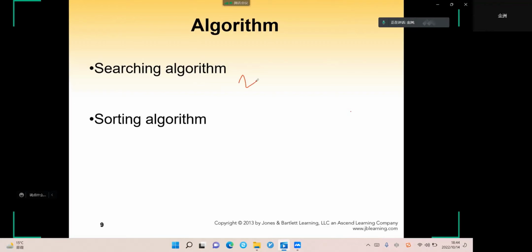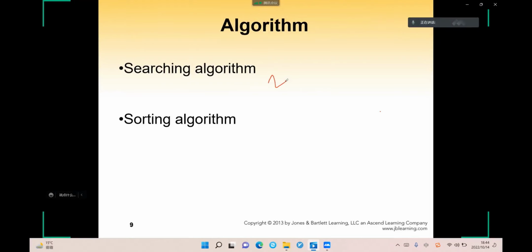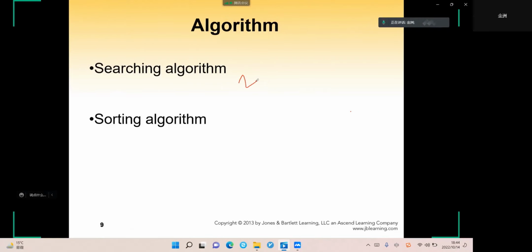How are they developed? They're based on some fundamental concepts and fundamental algorithms, and they use some design methodologies. But the most fundamental thing is how to control the computer one step by one step to accomplish your task.